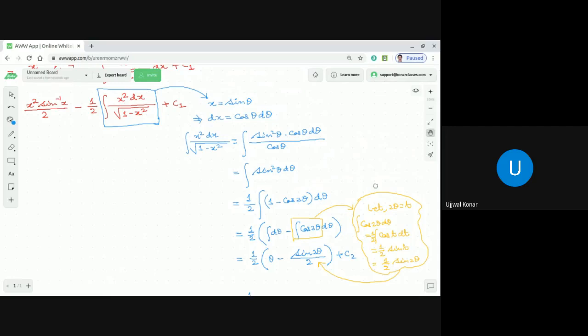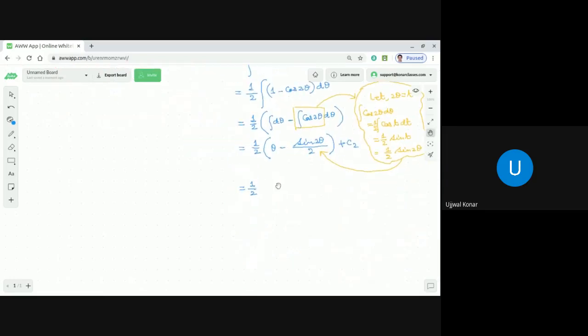We have not discussed inverse trigonometric functions, but at least we know this thing, that if this is the case, this implies theta is equal to sine inverse x. Correct, no? So that value we need to apply back here, sine inverse x.